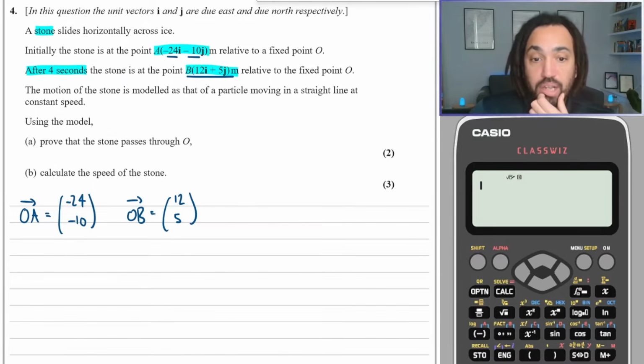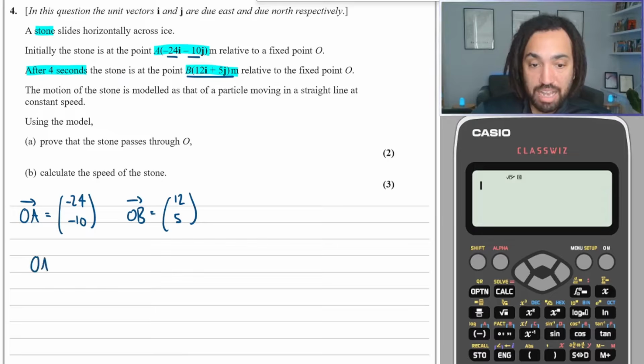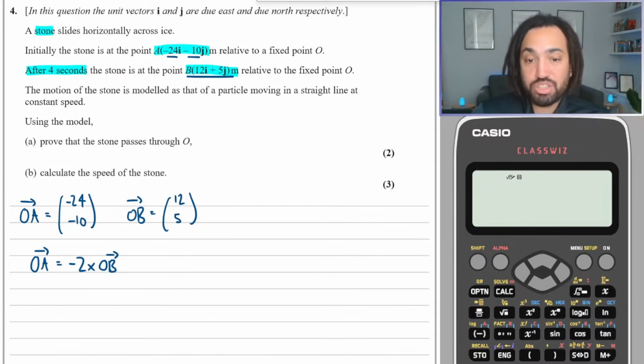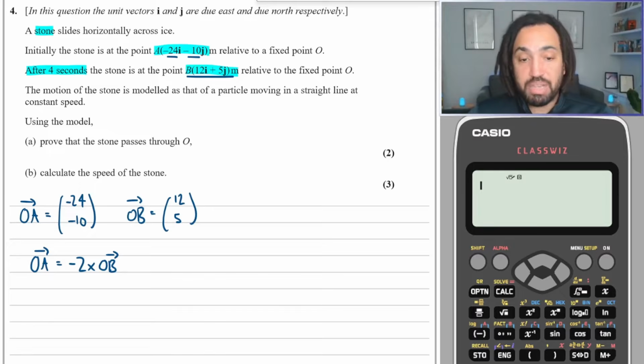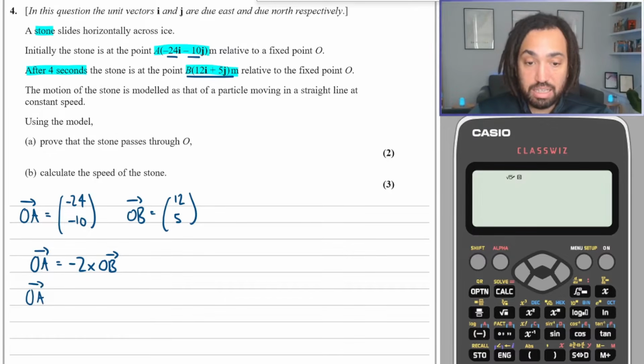Okay. And I can see that these are parallel because one is a multiple of the other. So I can say that OA is equal to minus 2 times OB. If I times OB by minus 2, I get OA. Which means that OA and OB are parallel.